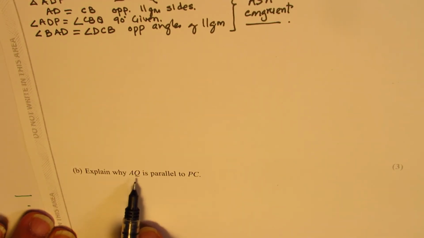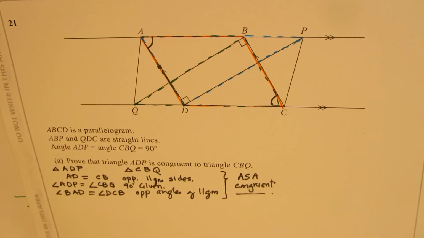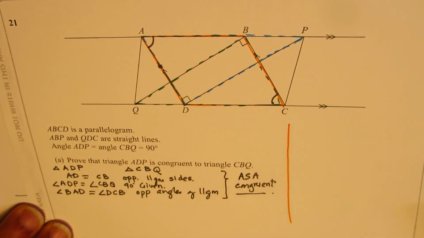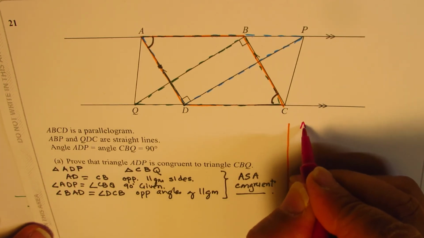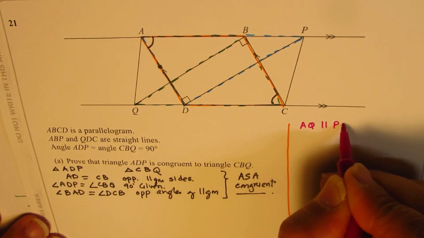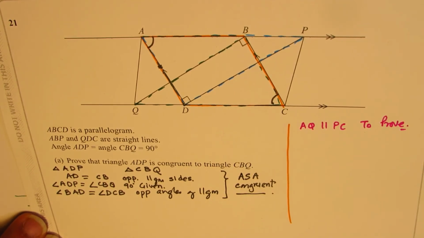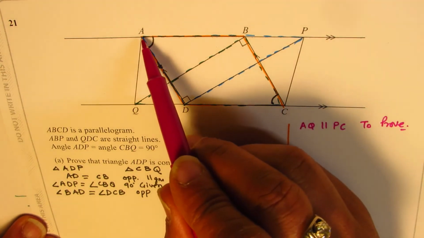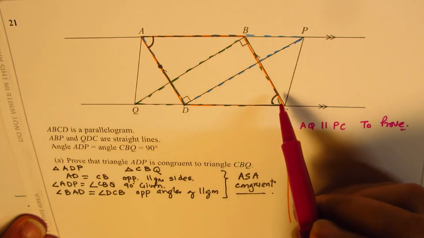Now, part B is explain why AQ is parallel to PC. So we'll have to refer to this diagram. So I'll try to prove it here itself. Now we'll show why AQ is parallel to PC. To prove. Okay. Now we have already shown that these two triangles, which are APD and the other triangle, are congruent.